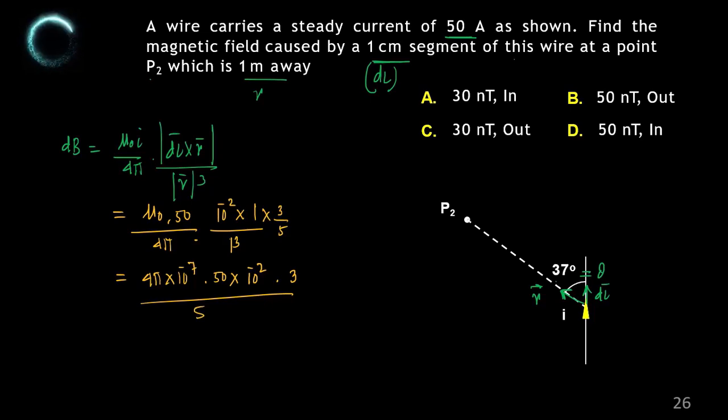So this 5 cancels out, and the 4π also cancels. So ultimately 3 is left.